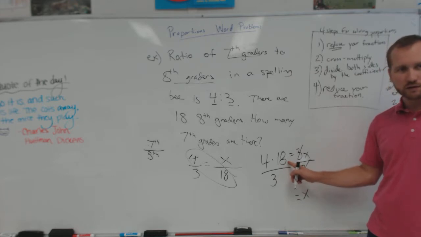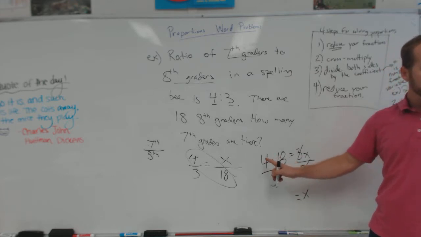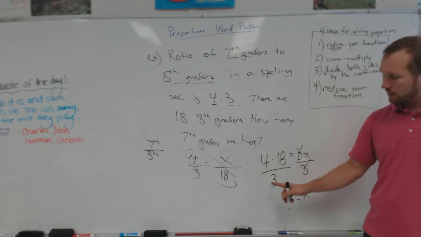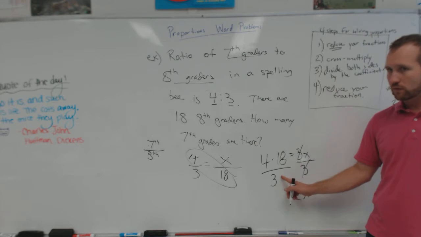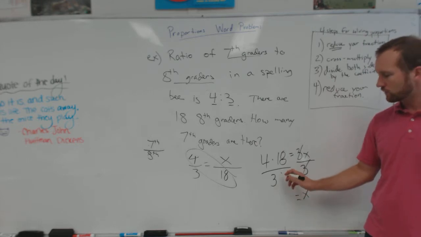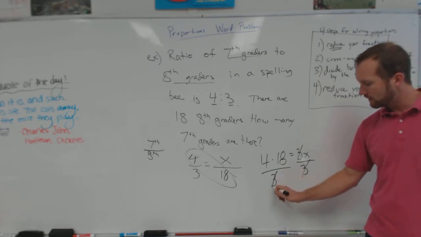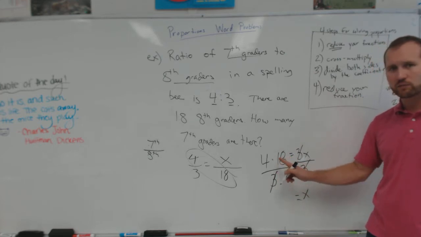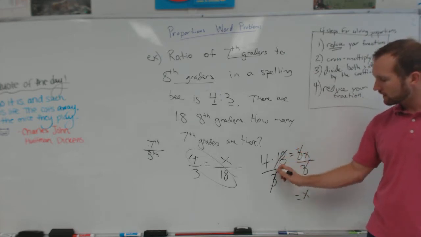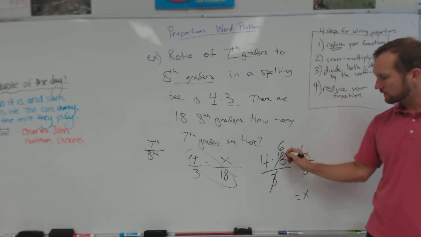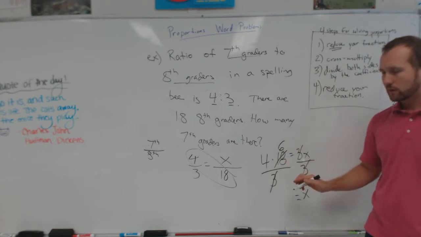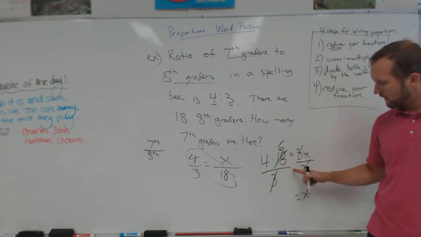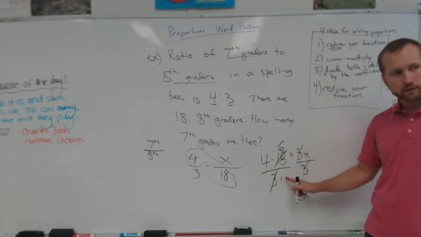Did you guys know you could do this? You can have 2 factors in the numerator of a fraction, and you can reduce with the denominator. This may be new for some of you. But I'm going to divide the denominator by 3, and then divide one of my factors here by 3. I'm going to divide 18 by 3, which is 6. All I have left now is 4 times 6 divided by 1.